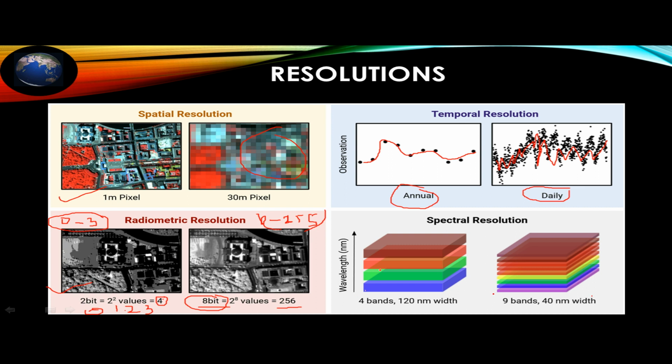But in the other case, within the band itself there are narrow strips, which is 9 bands of 40 nanometer width. It means you can see more variation in one image. But here there is not more variation. So that is called spectral resolution: the number of bands. There are 4 bands only here, and 9 bands there.